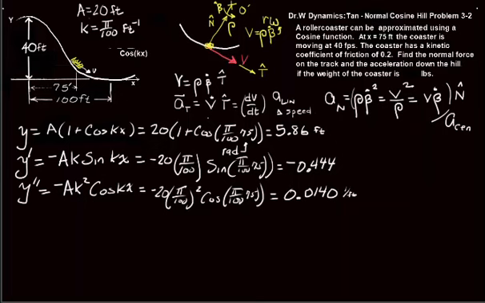There's a few things we can do with these values. One is, very nicely, that's the slope. And we'll be able to find the angle that this little roller coaster is making with respect to the horizontal. So from there we get theta is negative 24 degrees.